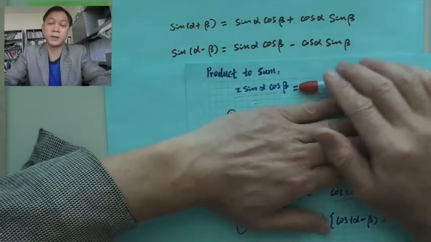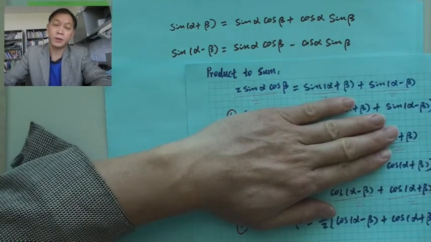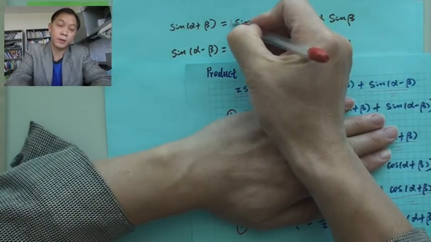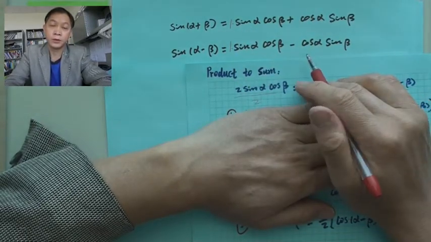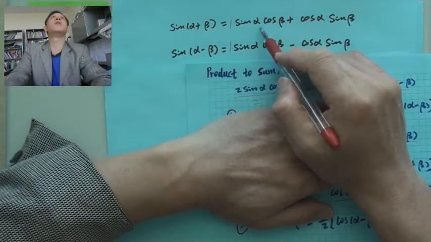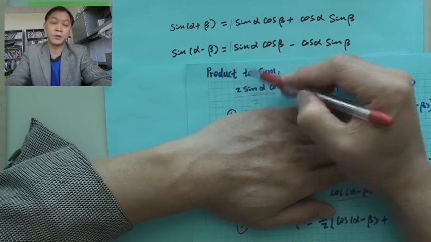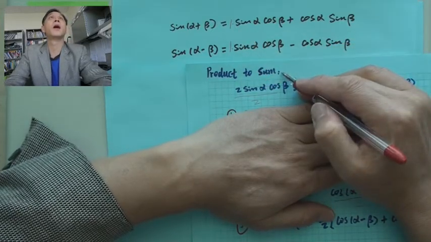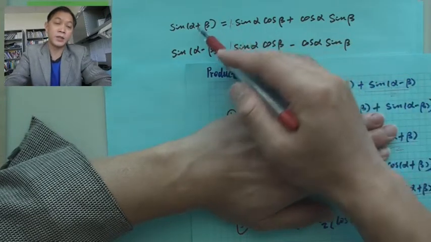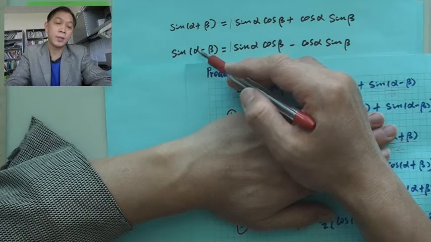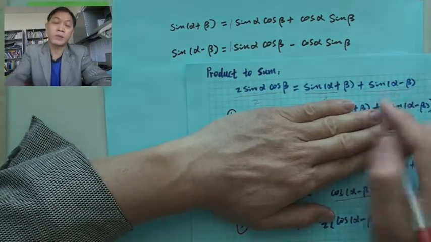This will be the right hand side. Because remember here there is a 1, so 1 plus 1 is 2. So right hand side is sine alpha cosine beta, and then you have 2 in front of it. But left hand side is just sine alpha plus beta plus sine alpha minus beta.